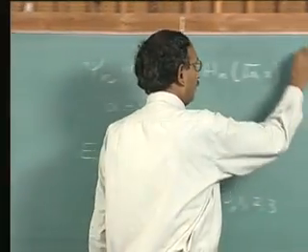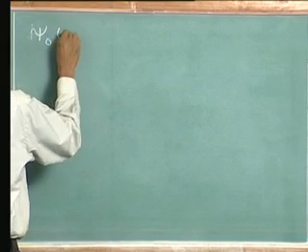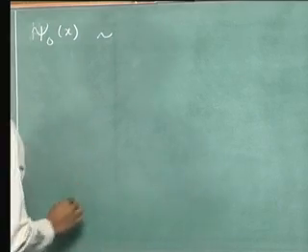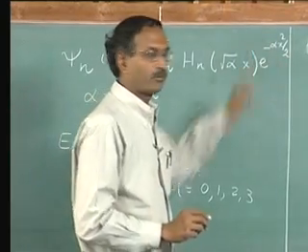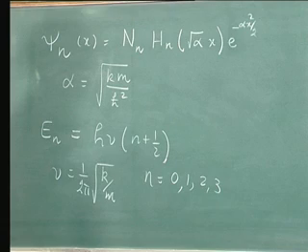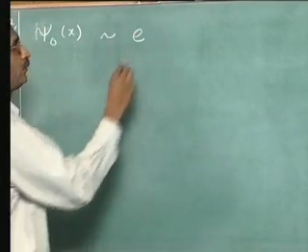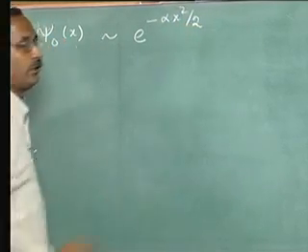The simplest of these solutions, when we did psi 0 of x, excluding the normalization constant right now, the Hermite polynomial and the exponential of minus alpha x square, including the Hermite polynomial for 0th order, which is a constant. You recall the ground state harmonic oscillator solution was e to the minus alpha x square by 2.